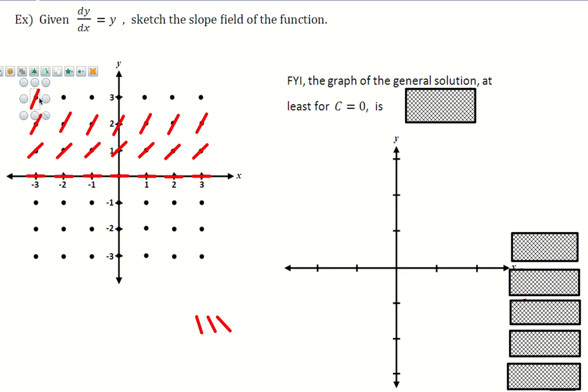And then all of these points are going to be a little bit steeper because the slope of all these little segments would be 3, or 3 over 1. Of course, these would all be exactly -1.